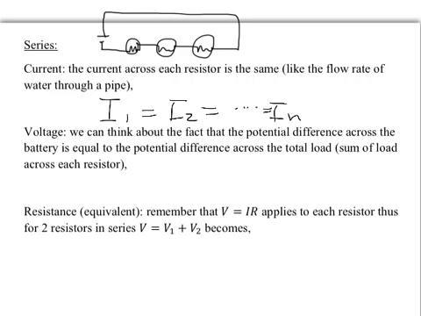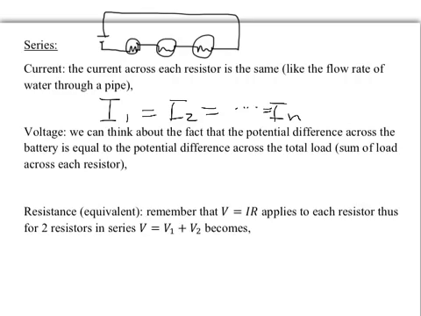Yeah, so the current across as many N resistors are always going to be the same if they're in series. Questions on that? That makes sense. What does the N stand for? N amount of resistors, as many as there are.